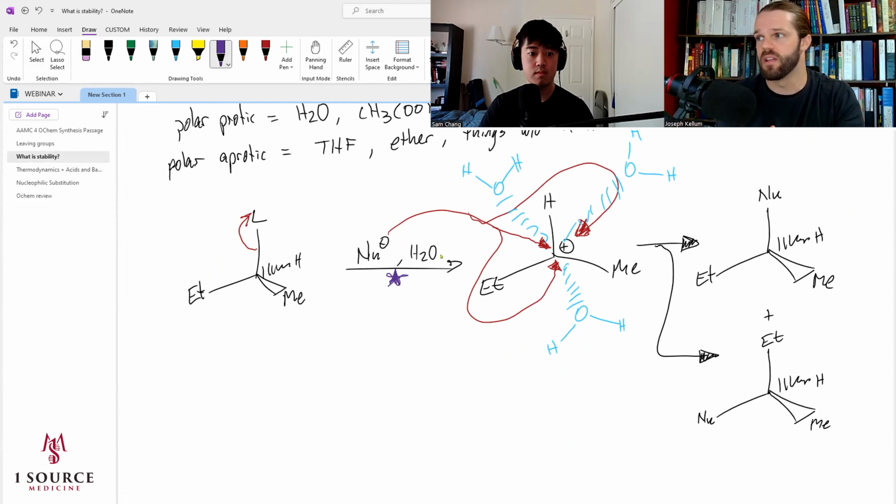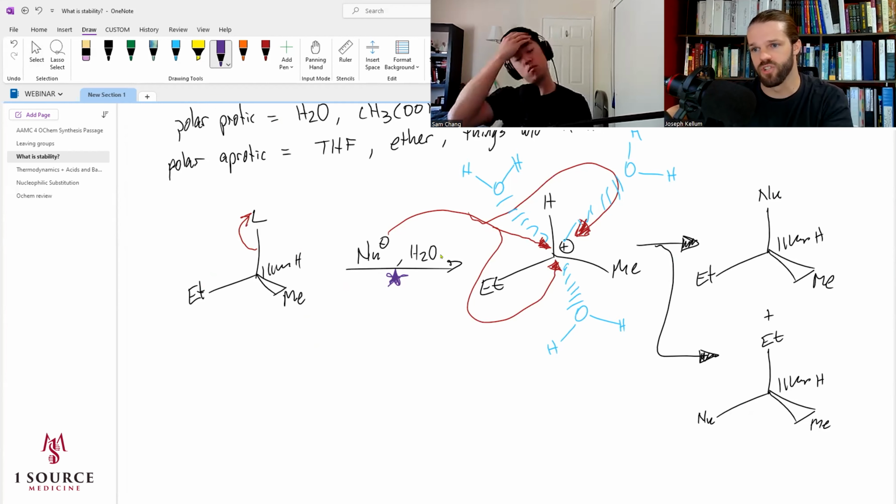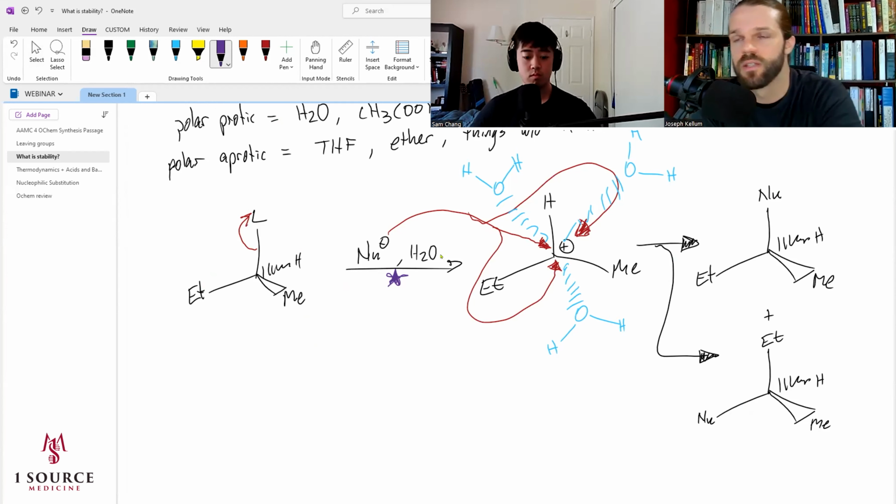And if the intermediate isn't stabilized, then think about how high the energy barrier becomes. It would require a huge amount of energy input just to get to the intermediate, let alone to the product. So that's why you need a polar protic solvent for SN1 to occur.